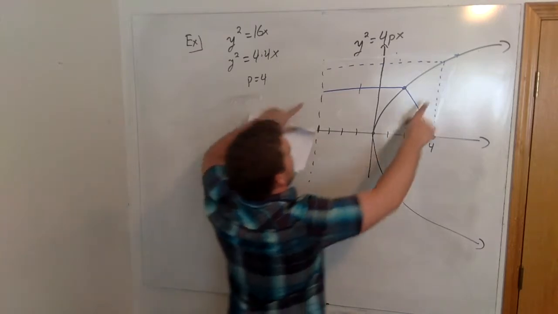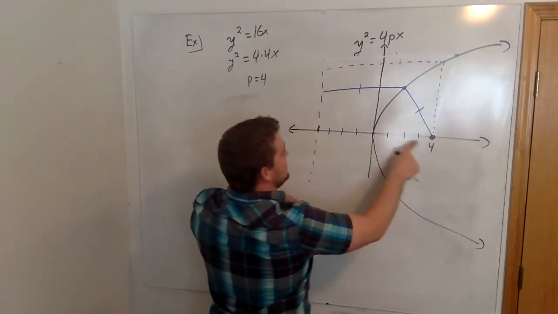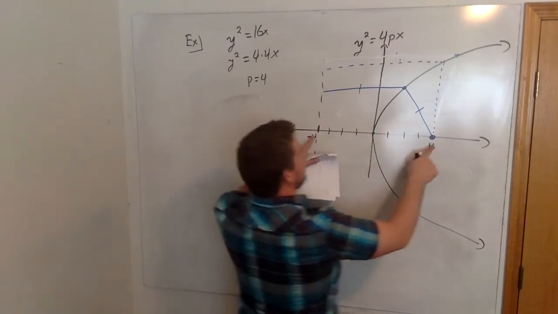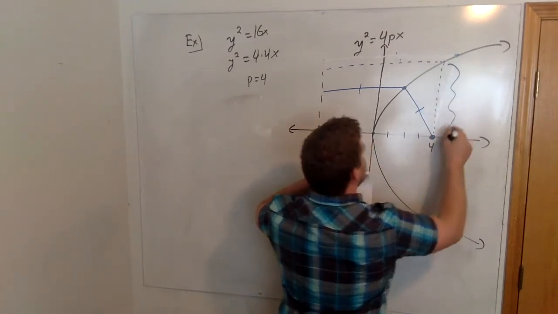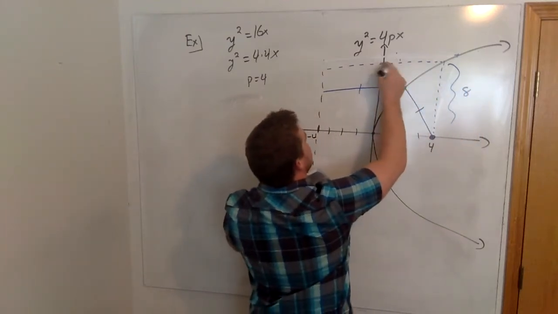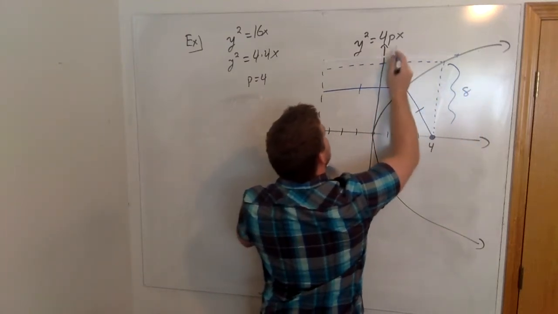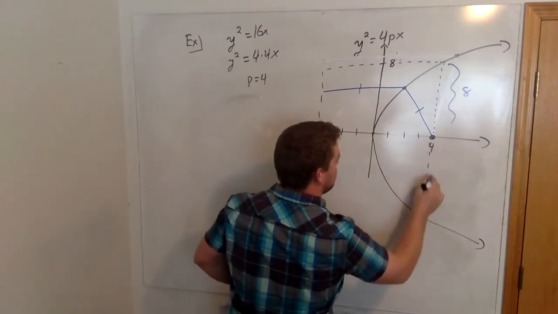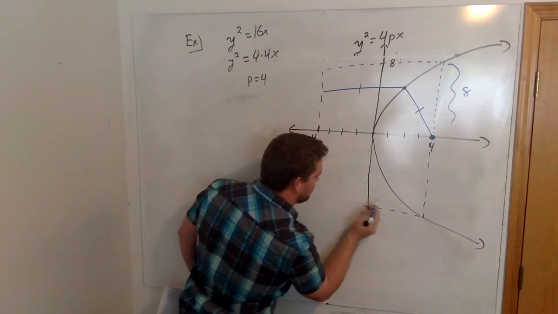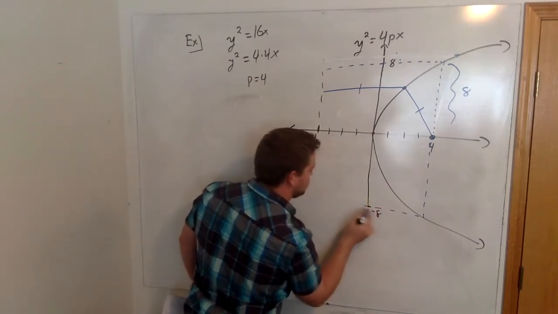What's this physical distance? From here to here is 4, and from here to here is 4, so this distance right here must be 8. 4 plus 4, this must be 8. So this would be the coordinate y equals 8, and if we were to go down here, this would be the coordinate y equals negative 8.